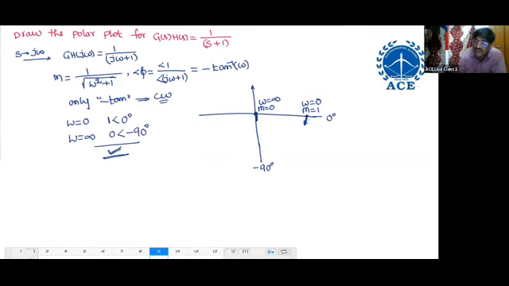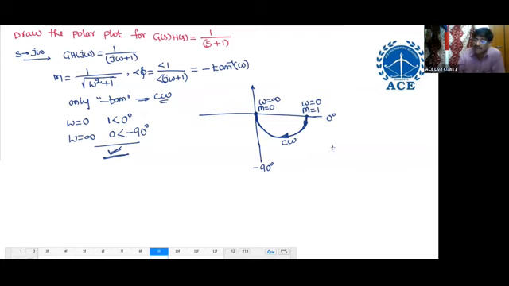Now join these two in the clockwise direction. That's all.